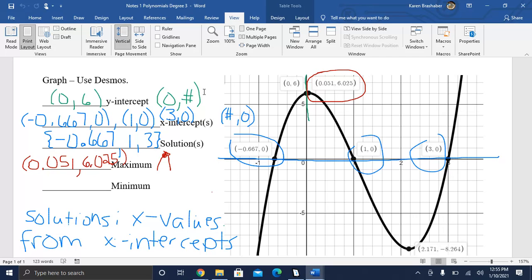Now your minimum is where the graph has what you might think of as a valley, so a lowest point. And on this problem, it is 2.171, comma, and then negative 8.264.